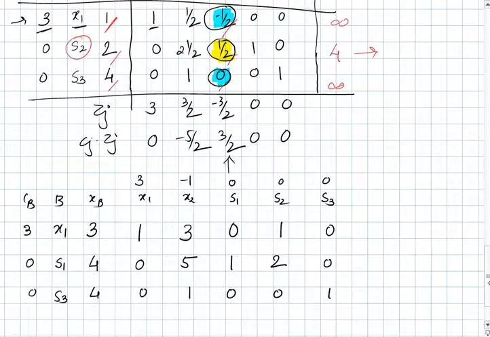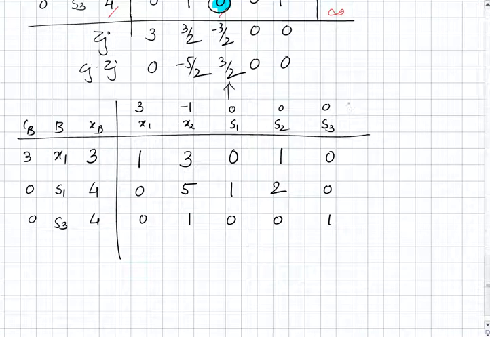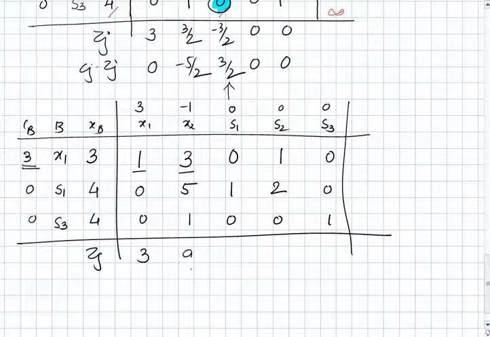Now we have to start evaluating Cj minus Zj. First of all evaluate Zj. 3 times 1 is 3, 3 times 3 is 9, then 3 times 0 is 0, 3 times 1 is 3, and 3 times 0 is 0.